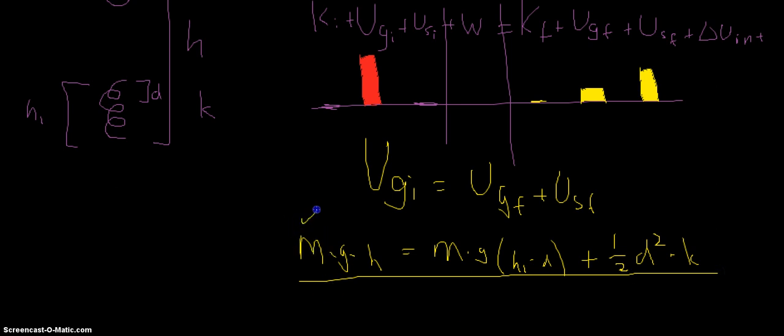We know this value, this value, and so on. Actually, we don't know this one, and what we're trying to find is d.